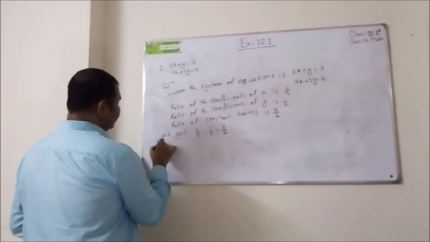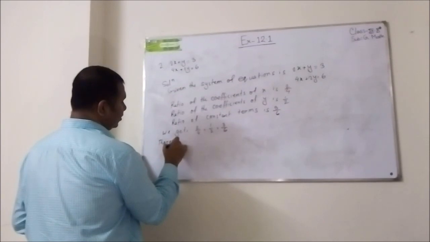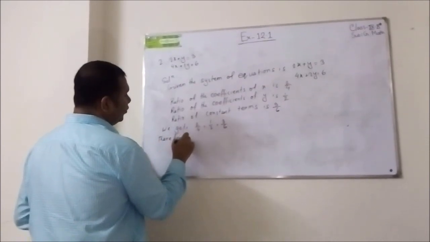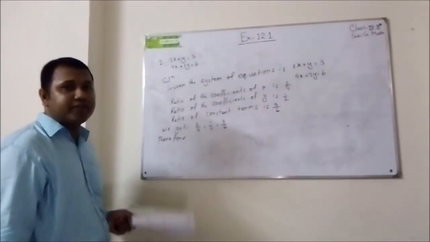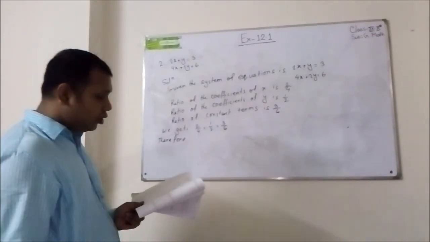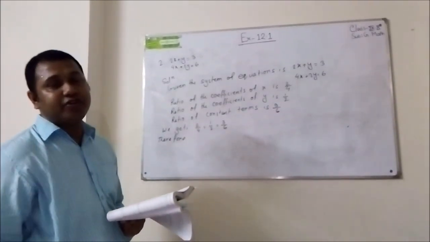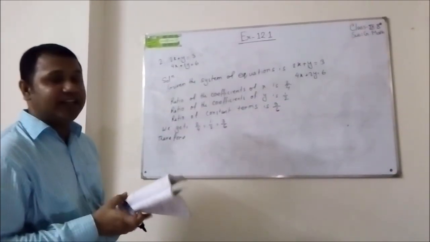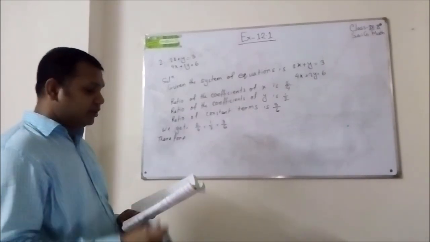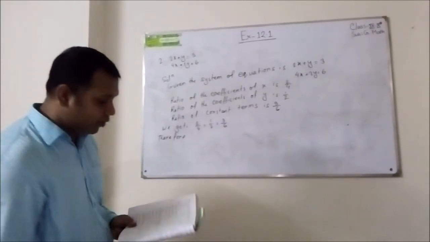So therefore we know when all the ratios are equal, these are consistent and mutually dependent, and the system of equations has an infinite number of solutions.